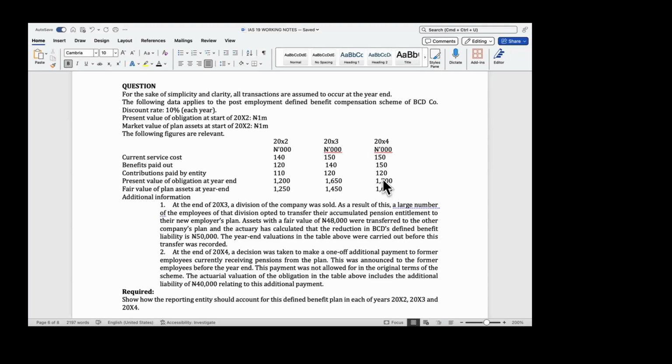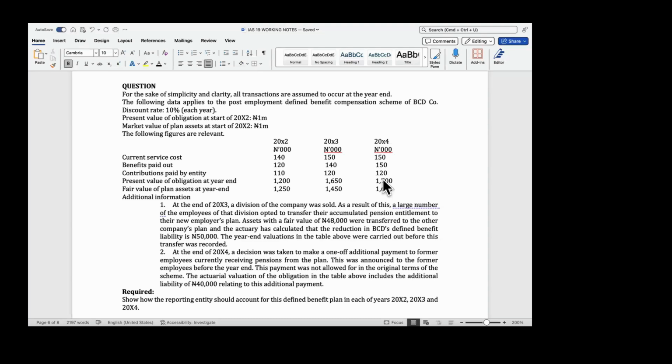Number two, at the end of 20X4, a decision was taken to make one-off additional payments to former employees currently receiving pensions from the plan. This was announced to the former employees before the year end.